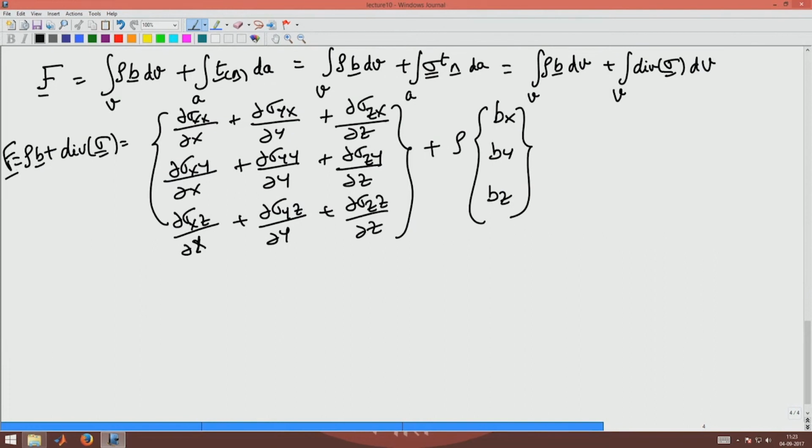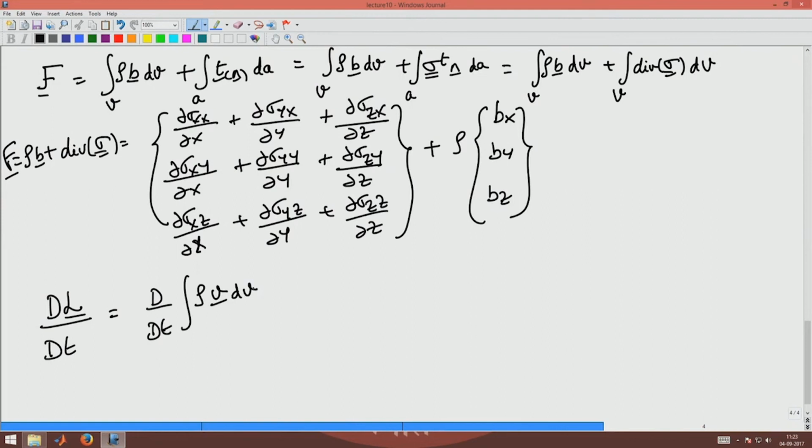Okay. So, we computed the force; next we have to compute the rate of change of linear momentum, dl by dt, which is d by dt of integral rho v dV.